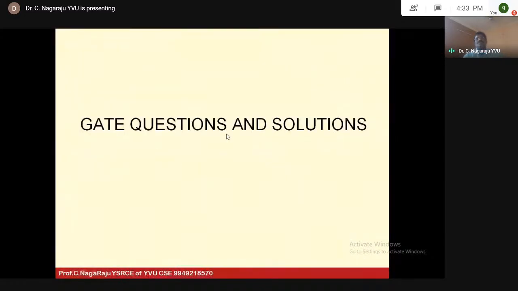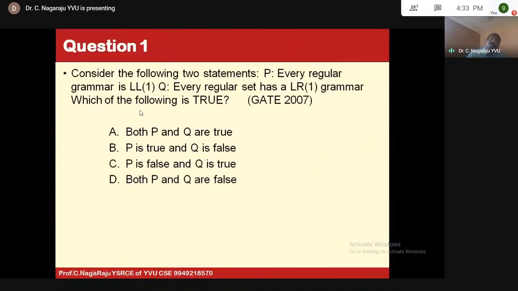So what are the questions you can get on CLR parsers? Let us see the first question from CLR. Consider the following two statements. Statement P: every regular grammar is LL1 grammar.